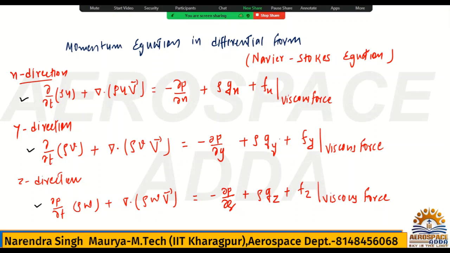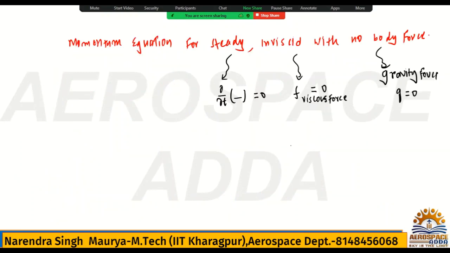Inviscid flow means viscous force will be zero, so you make fx equal to zero, fy and fz equal to zero. Similarly, gravity force gx will be zero, gy will be zero, and gz.